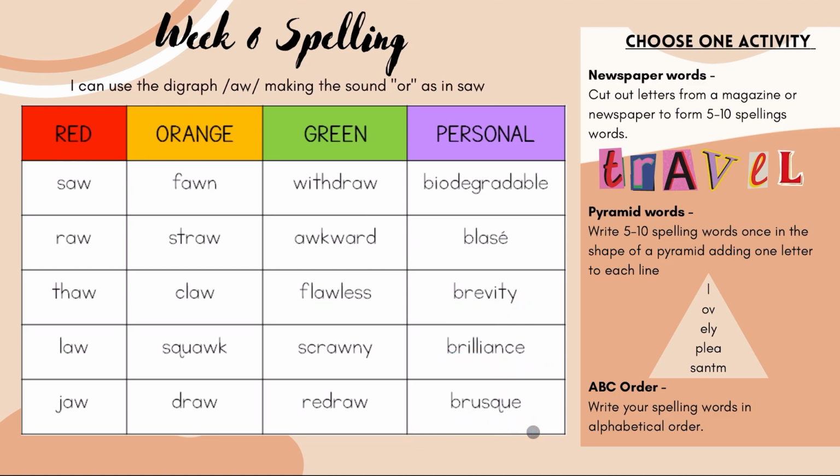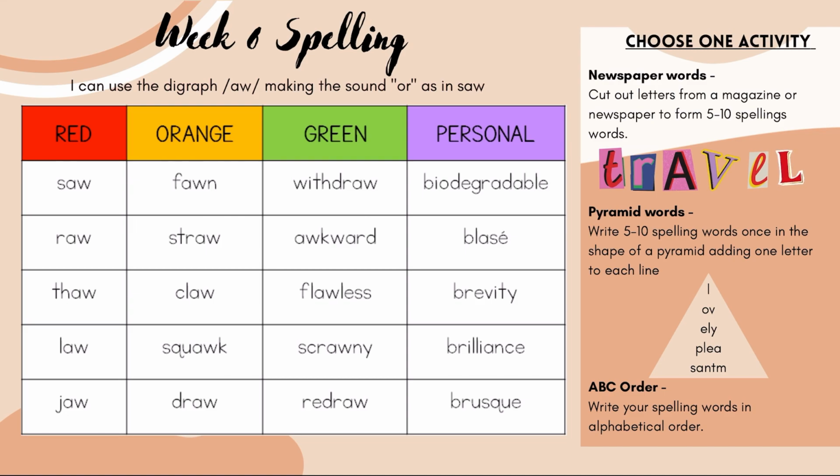Now, I just want to make a mention that if you come across a word that you don't know the meaning of, please look it up. It is very important to, one, learn how to spell words and learn all the different spelling rules and patterns that we have in the English language.